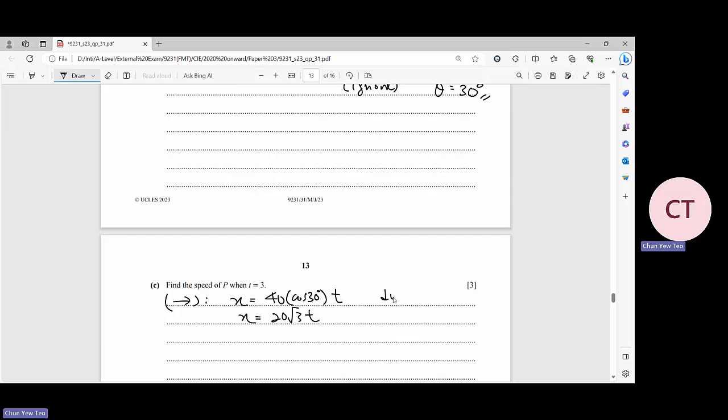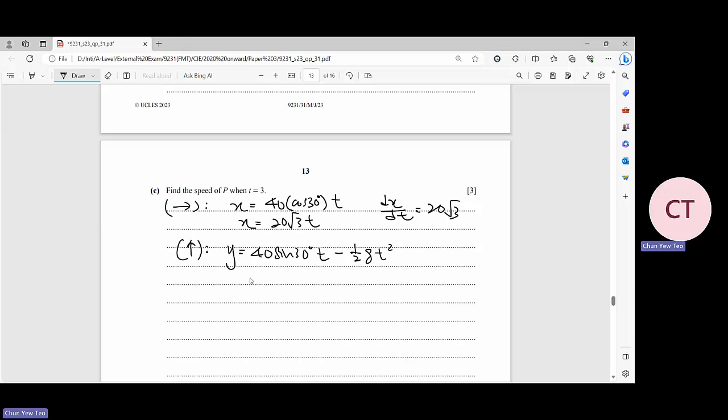Then from here, I can get dx/dt. The dx/dt is 20 root 3. Okay, this one is not so tricky. Then for the vertical displacement, you have y equal to 40 sine 30 degrees t minus half g t squared. Over here, you will get 20t minus 5t squared. Then you find dy/dt.